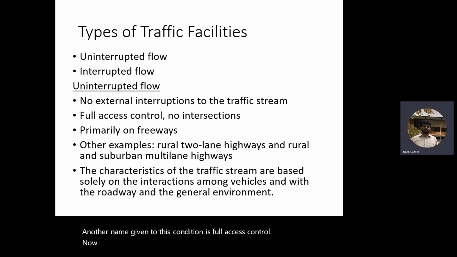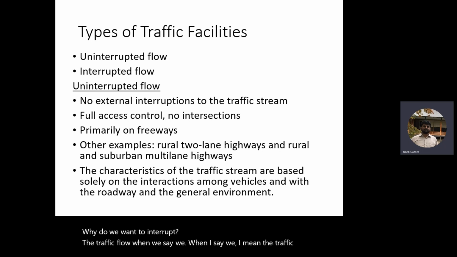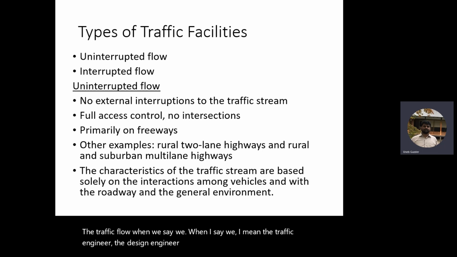Now, why do we stop traffic? Why do we want to stop traffic? Why do we want to interrupt the traffic flow? Like when I say we, I mean the traffic engineer, the design engineer. You want to keep the traffic moving. At what condition, in what situation, you will try to stop it? Conditions that may cause an accident.